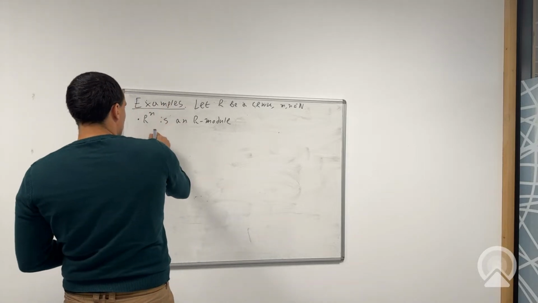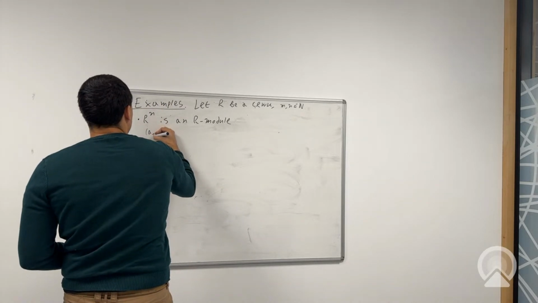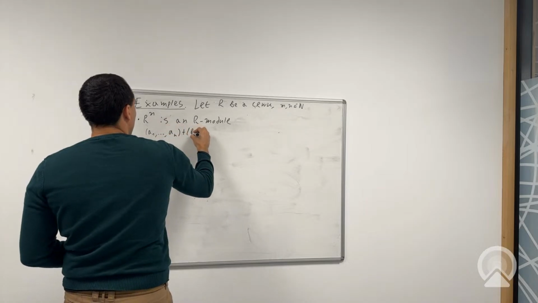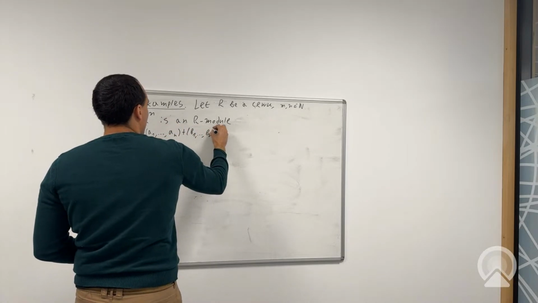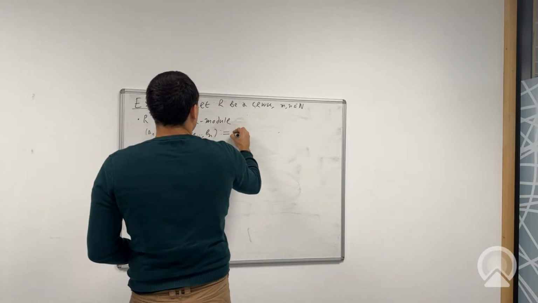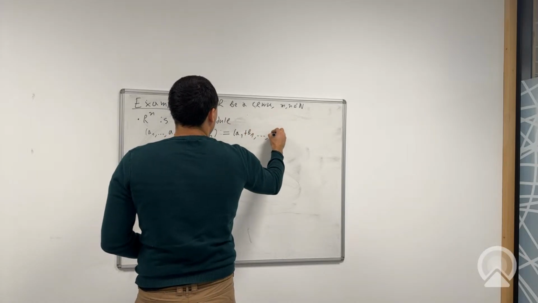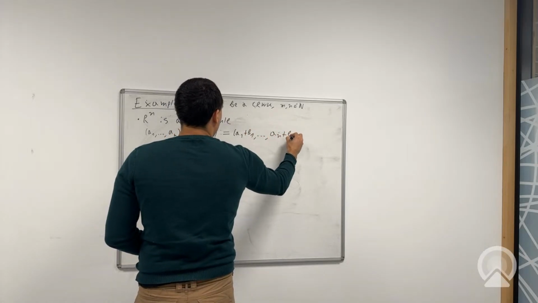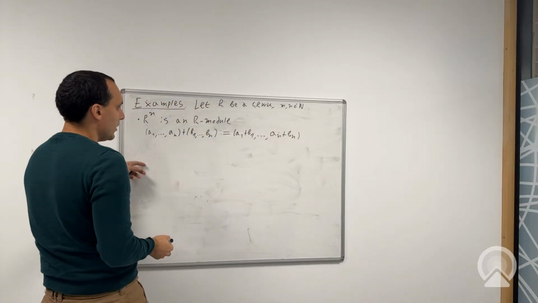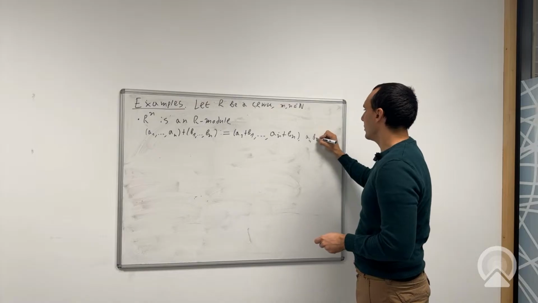So addition is given as the following. (a_1, ..., a_n) plus (b_1, ..., b_n) is defined by (a_1 plus b_1, ..., a_n plus b_n). And the standard addition of tuples. So here, the a_i and b_i are in R.